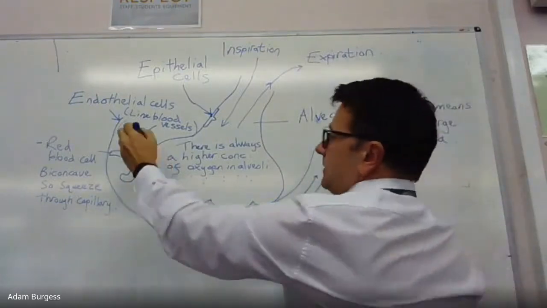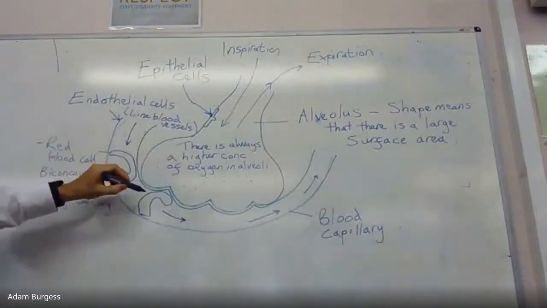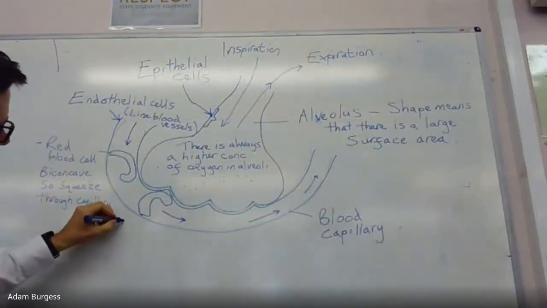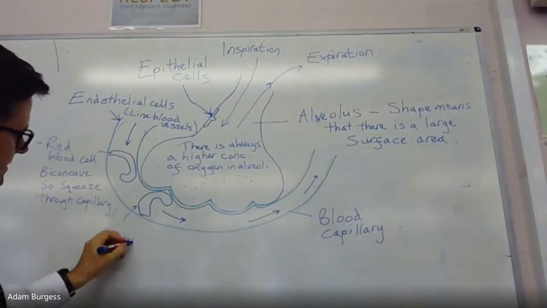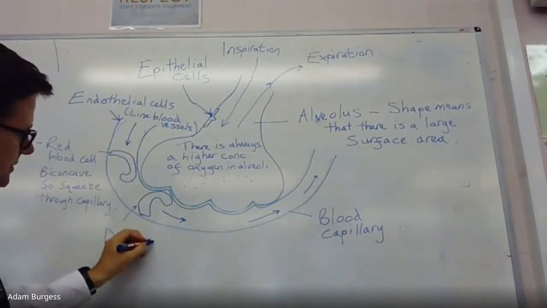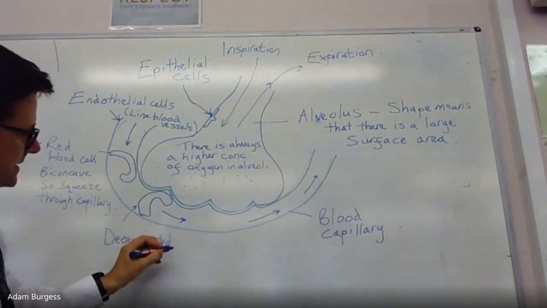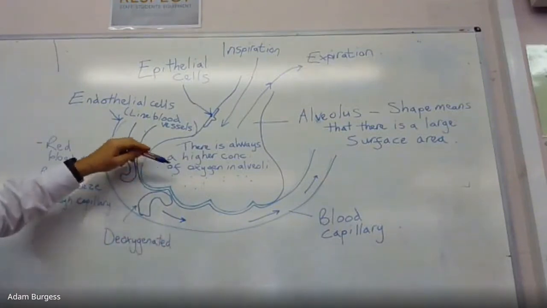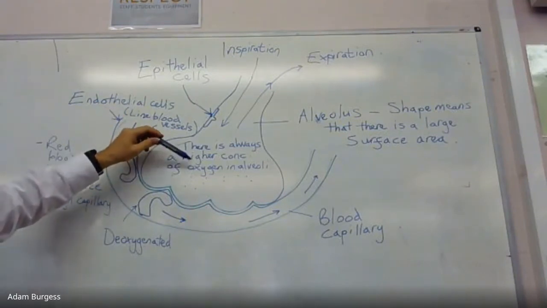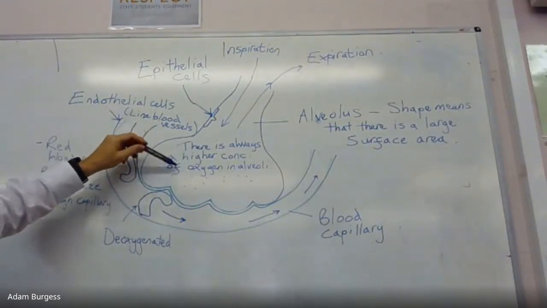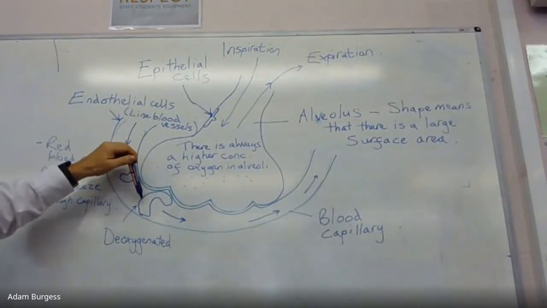If you imagine deoxygenated blood is coming through, so that's deoxygenated. It's going to be low in oxygen. So you've got a large difference in concentration between the inside of the alveoli and the blood.